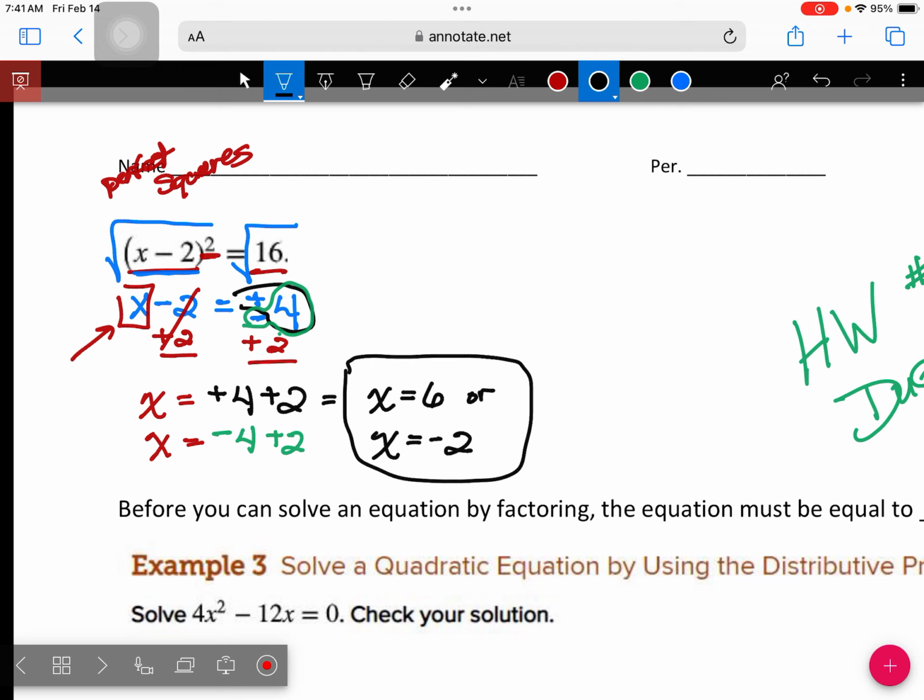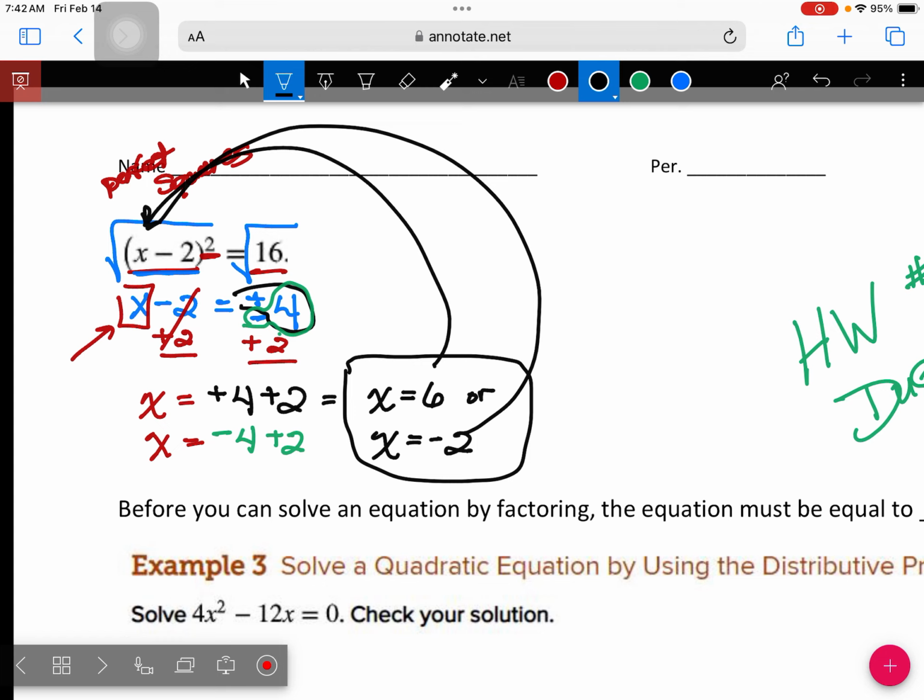What does that mean if I substitute these back in? Well, let's take a look. If I substitute 6 back over here, I get 6 minus 2, which is 4, and 4 squared is 16. If I substitute negative 2 in, negative 2 minus 2 is negative 4 squared.